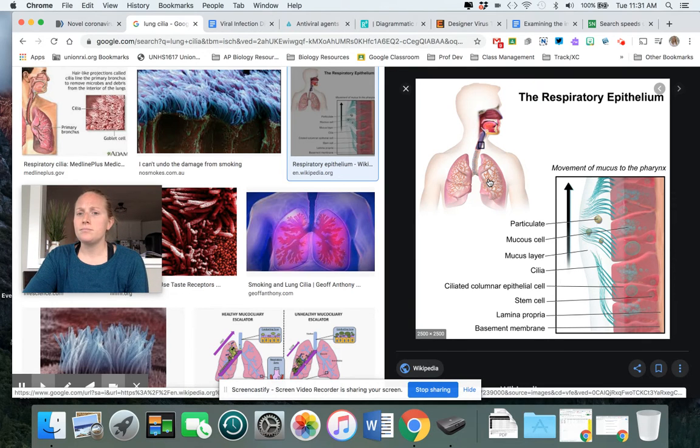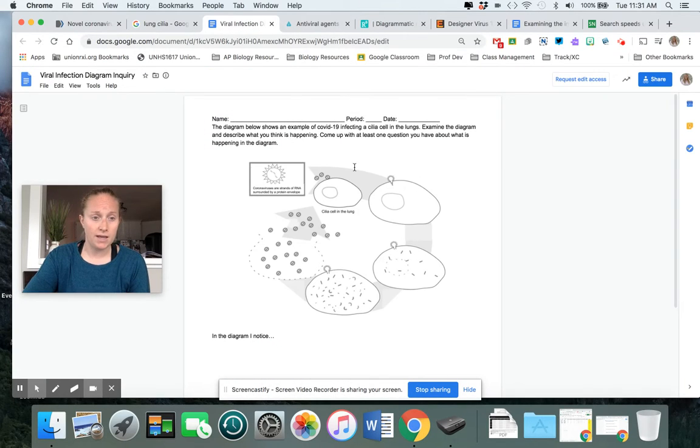And that's where a lot of this is going to take place, on the inner layers of your lung. So that's where I want you to picture this being. Because for COVID-19, that's what we call its target cell. That's a cell that it infects and replicates in. They can't infect any other types of cells. And we'll talk about why in a second.